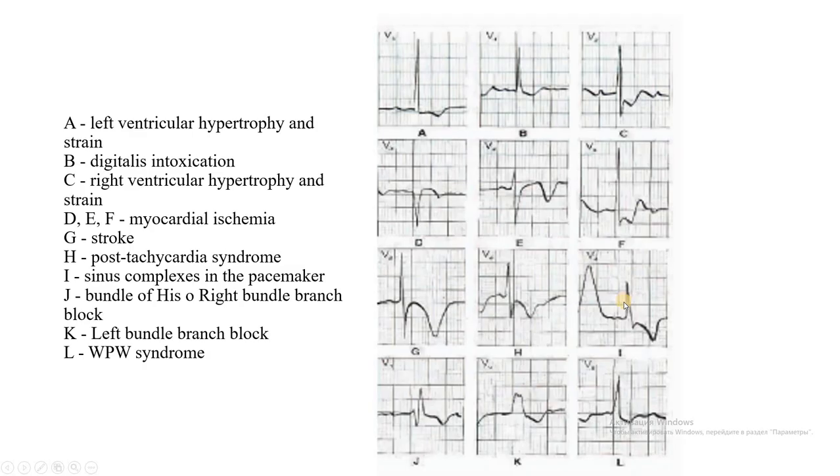And next, bundle branch blocks: here right bundle branch block, and here left bundle branch block, and this one Wolff-Parkinson-White syndrome.